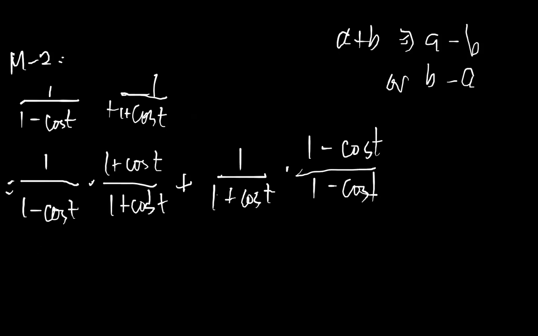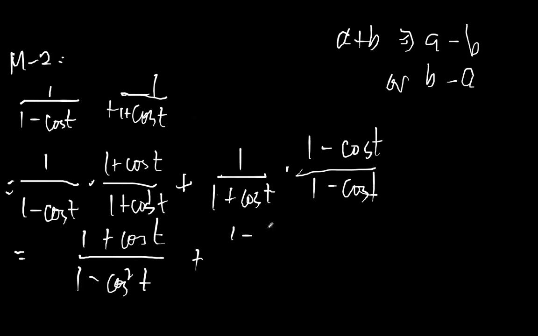Okay, so let's simplify. We have 1 plus cosine t over 1 minus cosine squared t plus the next term, 1 minus cosine t over 1 minus cosine squared t. Now look at the denominators.